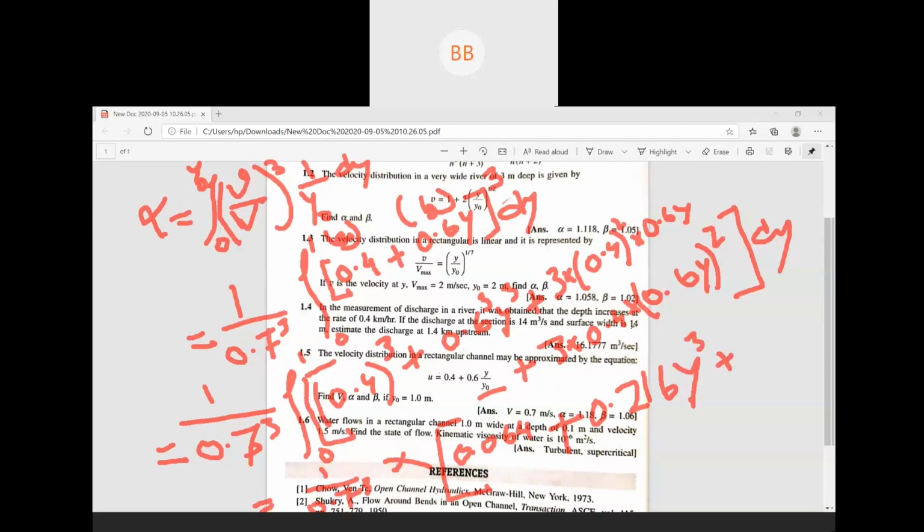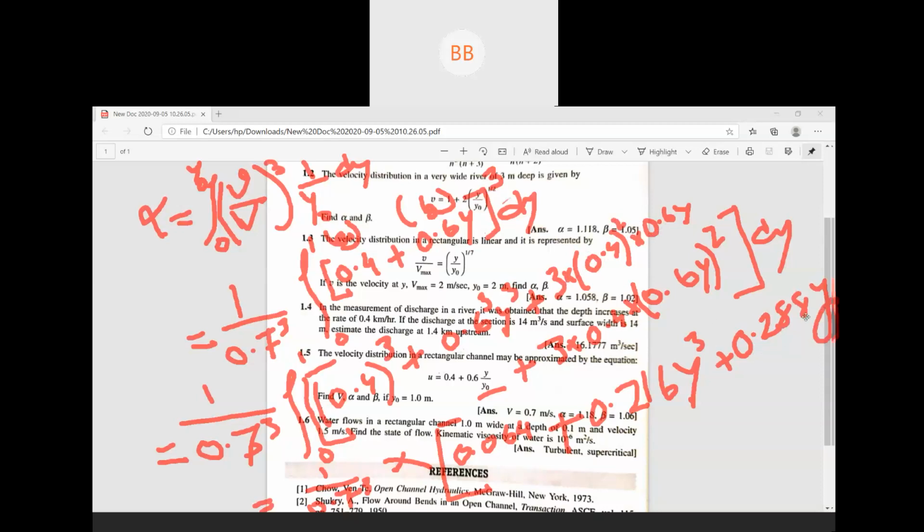Plus 0.4 whole square multiplied by 3 multiplied by 0.6, you will get 0.288 y.